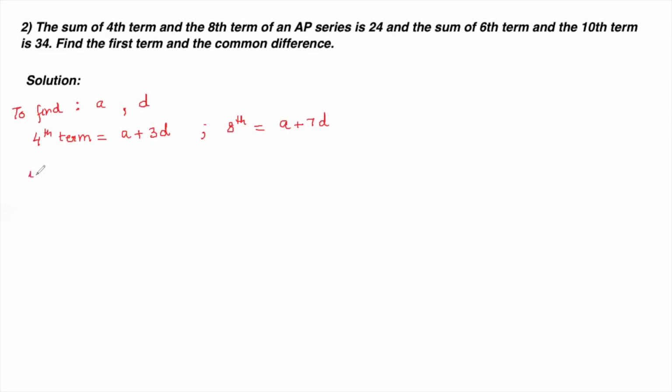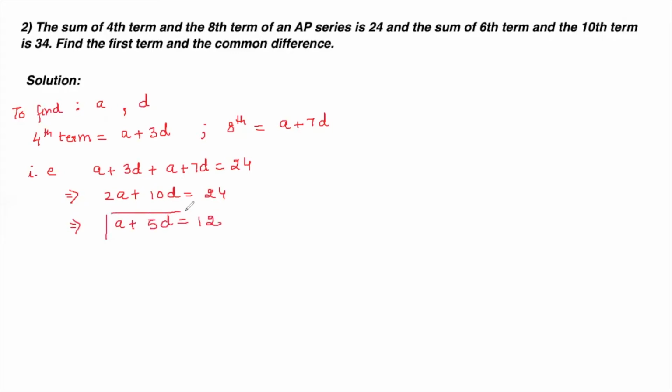That is, I can say A plus 3D plus A plus 7D is equal to 24, right? I'll evaluate it. So it would be 2A plus 10D is equal to 24, or I can say A plus 5D is equal to 12, right?